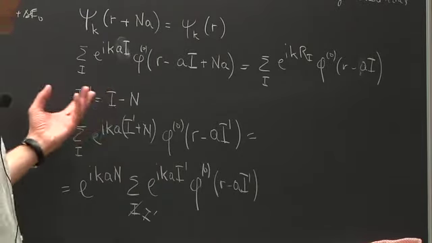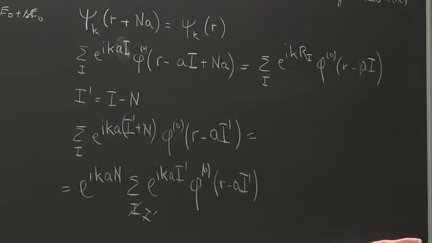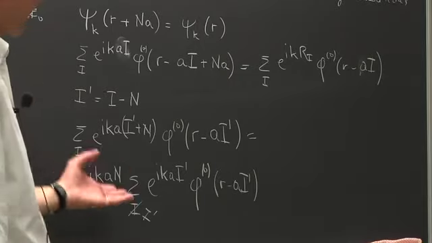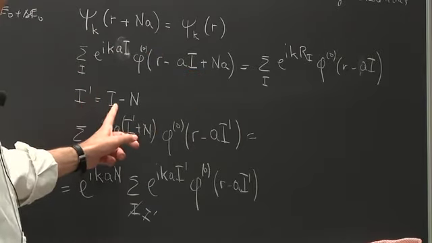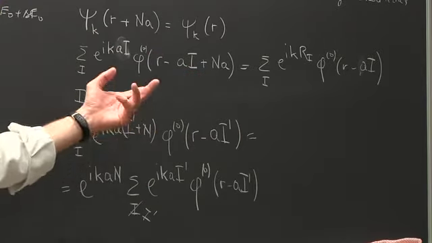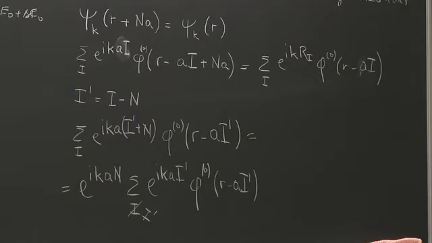The two indices will anyway go from minus infinity to plus infinity. If I sum over i or over i prime, I'm going to cover all possible integers. I'm just changing the origin of my index.